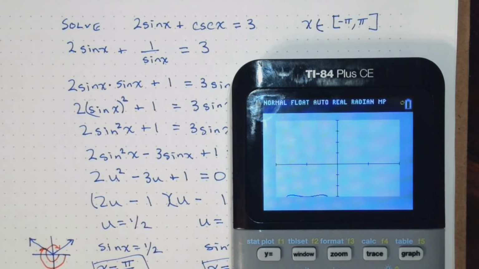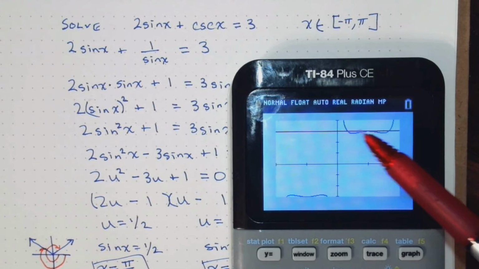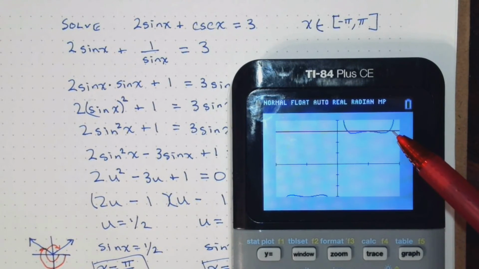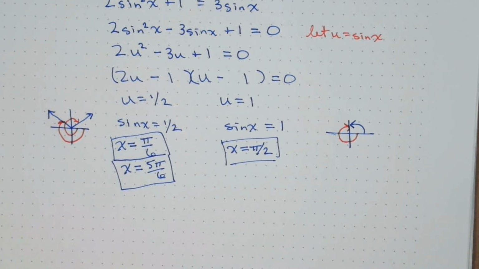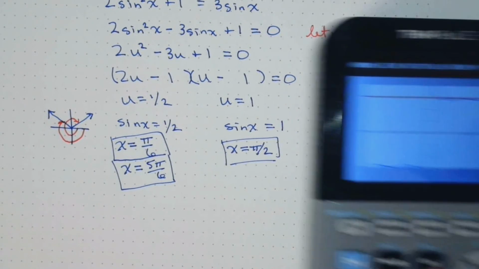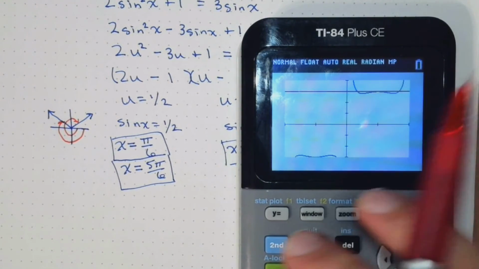And so I've got this interesting graph. And I can see that there does seem to be 1, 2, and then 3 intersections, with one of the intersections being at pi over 2. Right. So I've got my intersections, and I could double check those values: pi over 6, 5 pi over 6, and pi over 2.